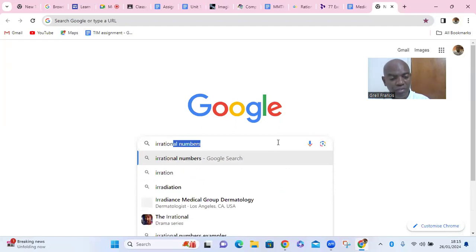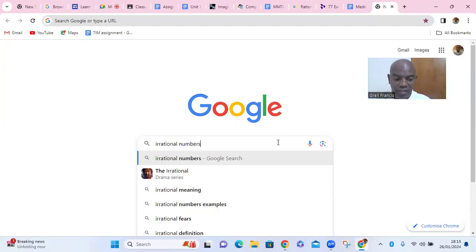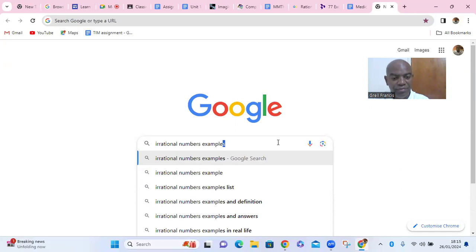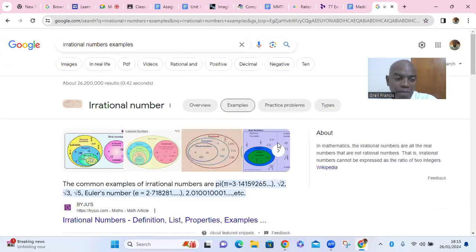If you Google irrational numbers examples, you will see them having square roots of. And you have some famous ones like pi and e.